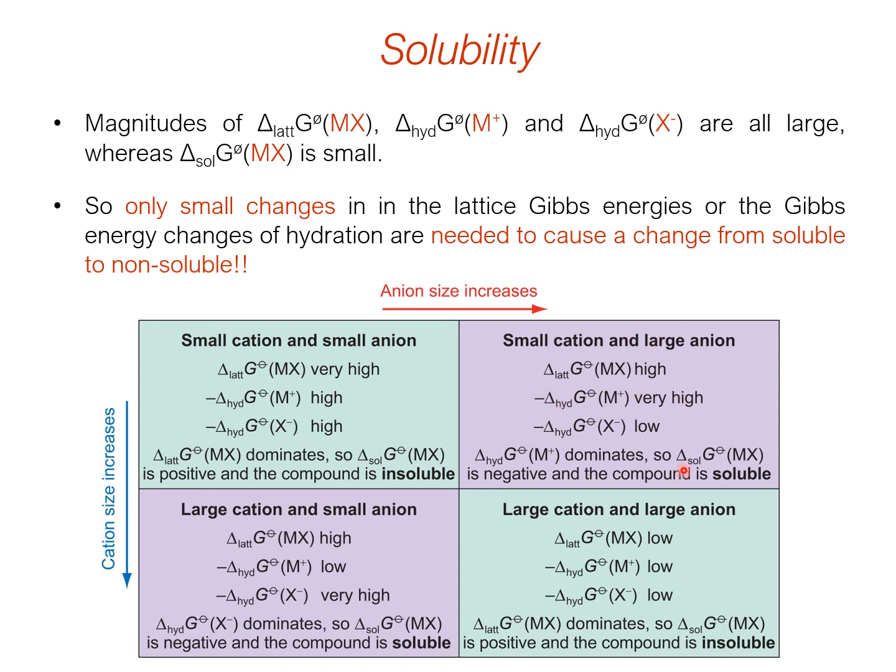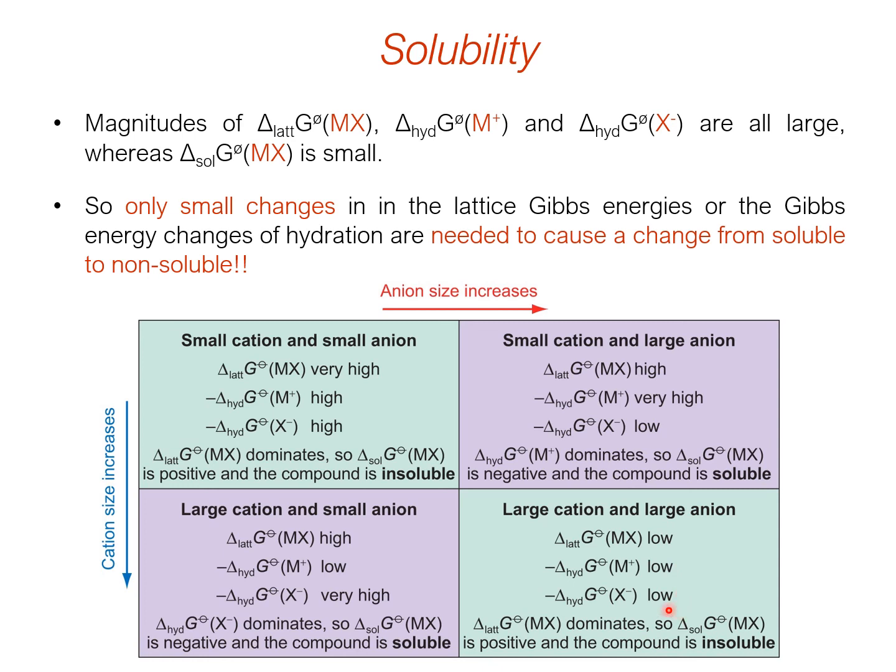And this can cause the solubility energy to be small, and even negative, and therefore the compound is soluble. It's very similar again with a large cation, small anion case. It's soluble, and delta G sol is negative. But this time it's the anion hydration energy that's very high and the term that's dominating, because this is the smaller ion.